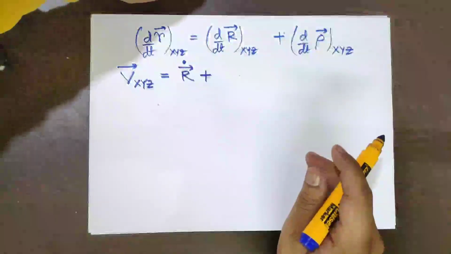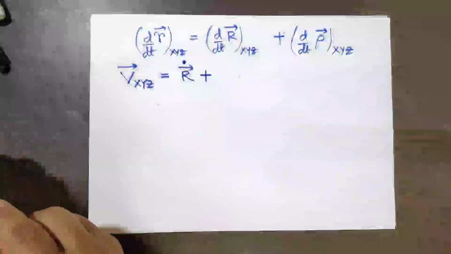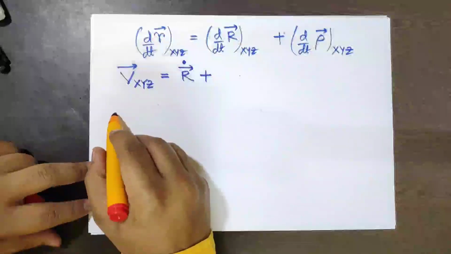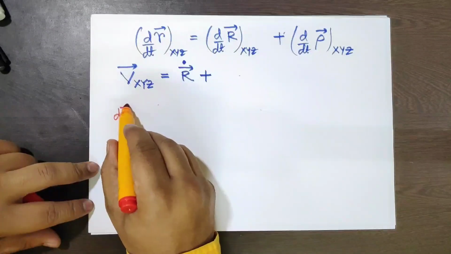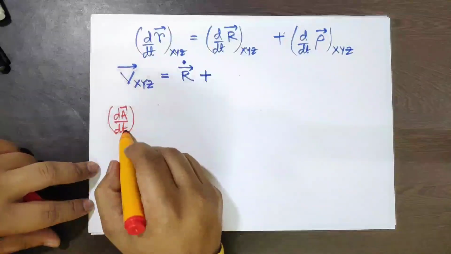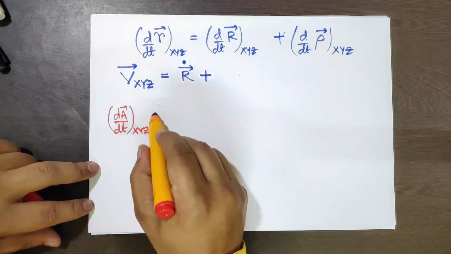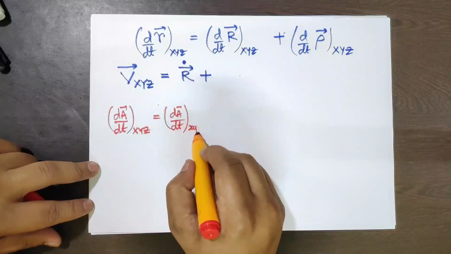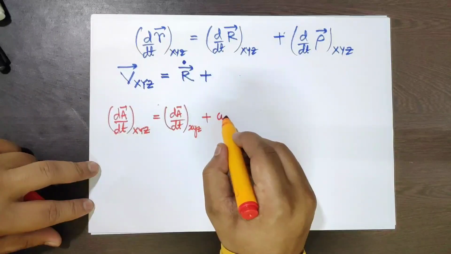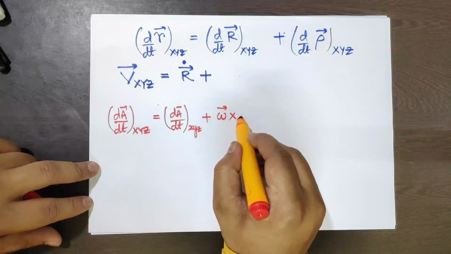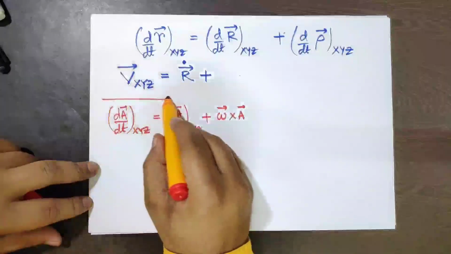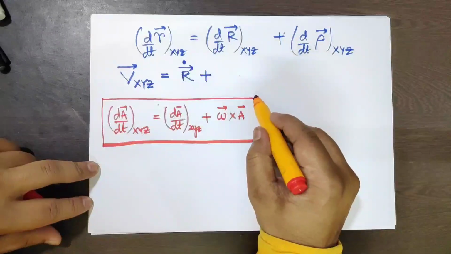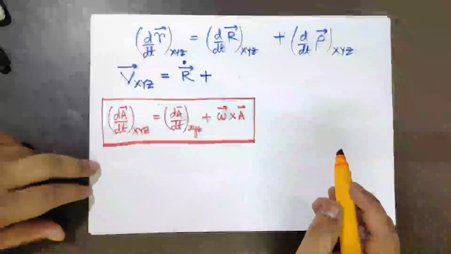Again we can use that formula. Which formula will we use? dA/dt with respect to capital XYZ is equal to dA/dt with respect to small xyz plus omega cross A. This is the formula if the angular velocity of the small xyz frame is omega.